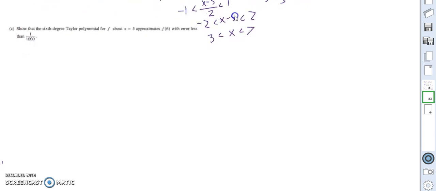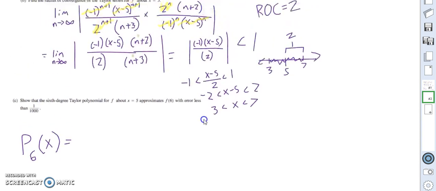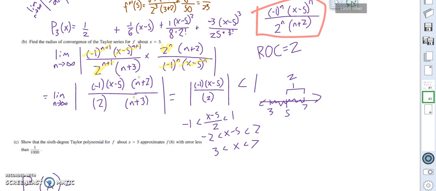6th-degree Taylor polynomial. I know what my 6th-degree Taylor polynomial looks like. My 6th-degree Taylor polynomial looks like the 3rd-degree Taylor polynomial, so it looks like this whole thing.